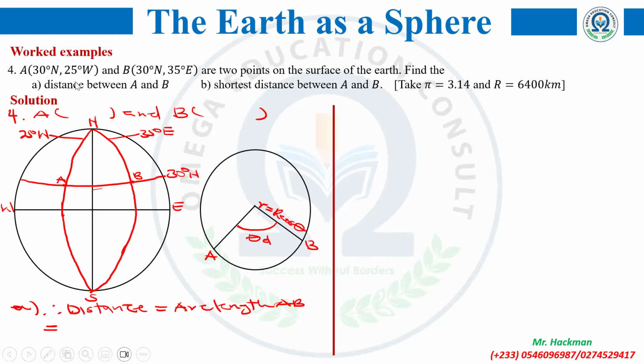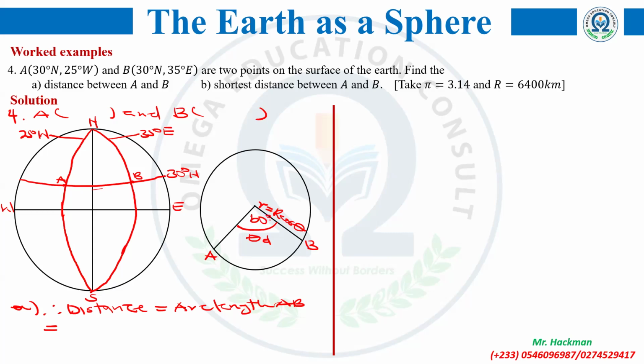But the longitudes are in opposite directions. So to get the difference in angle, we add. That gives us 35 degrees plus 25 degrees, which is 60 degrees. All correct?